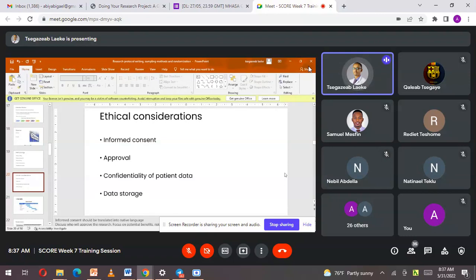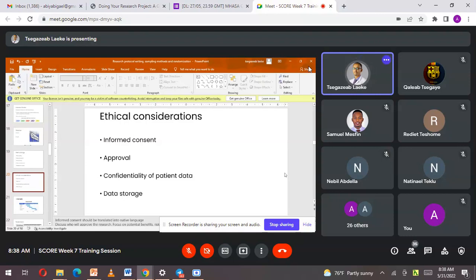And then you have to also mention that you do the research after getting approval from the Research and Ethics Committee. And the other most important thing in the ethical considerations is you have to keep the confidentiality of patient data. I think you have taken medical ethics, and this is really important.